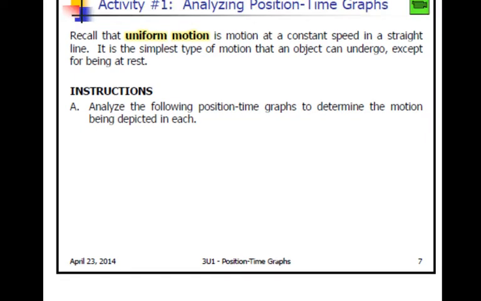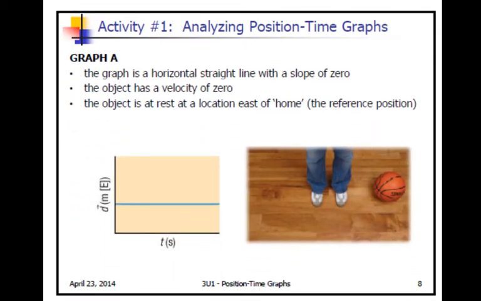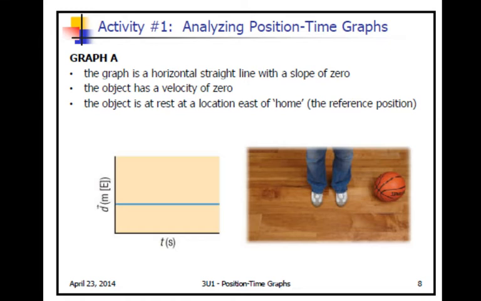The next part here, we're going to look at some graphs. We'll just talk about them and see whether we see an object moving and how fast it's moving. So here's one position time graph. Let's say this is the position from a person to a basketball, and it is a non-zero position because the person is not holding the basketball.